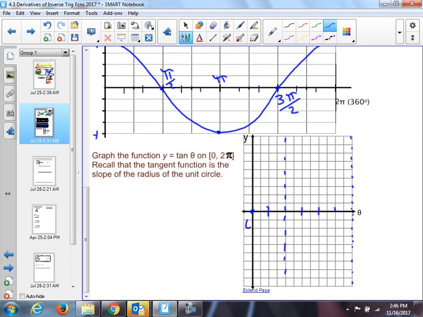So I've got 0, and I was counting at pi quarters, right? It'll be 1. Let's go with this as 1 every second. And then, sky high, right? So if this is pi quarters, the asymptote is at pi halves.